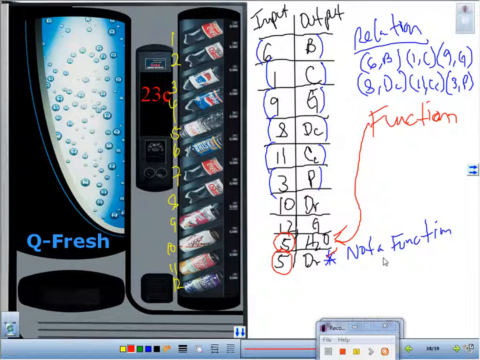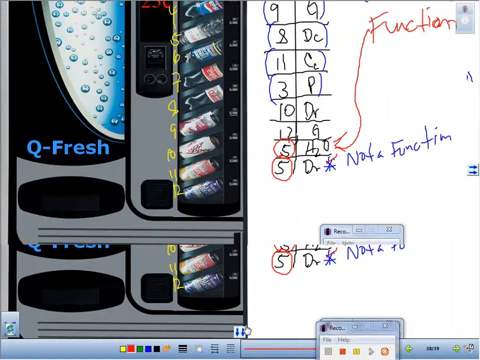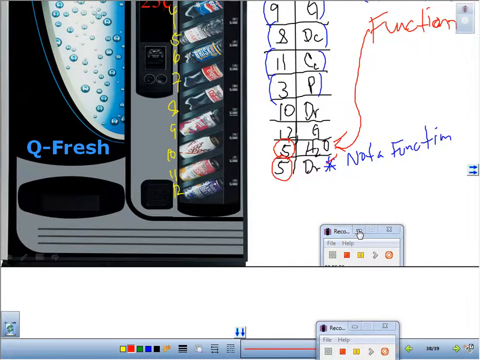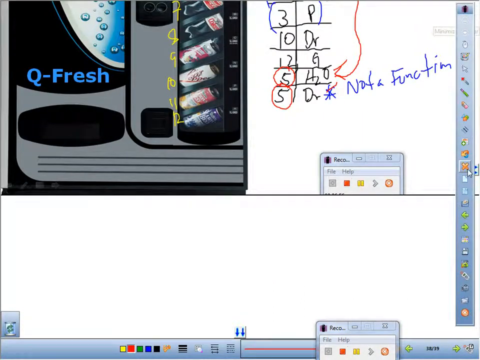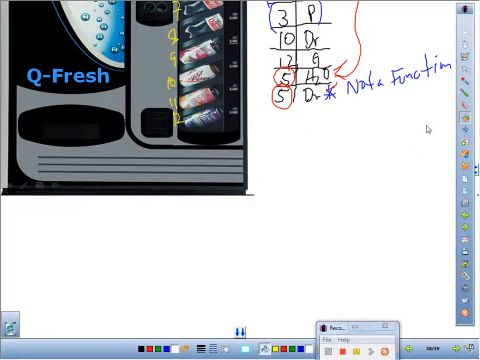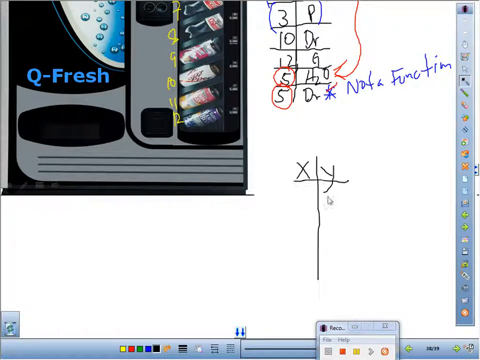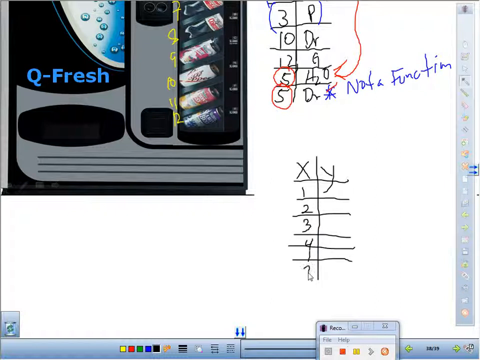Are we there? Now let me show you with numbers. Here we go, to see if you can see a little bit clearer. With that same idea, if I gave you this, everybody look up. I got X, Y, and I got 1, 2, 3, 4, 1, 2, and 3.